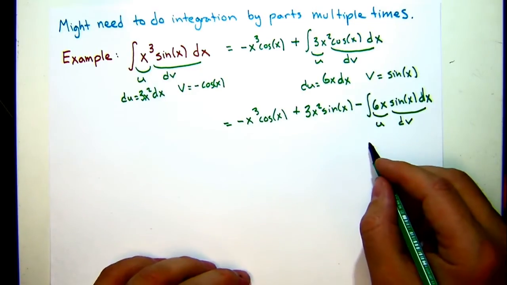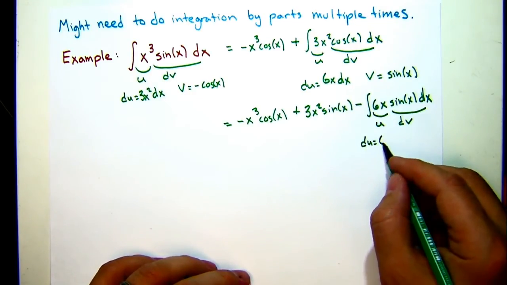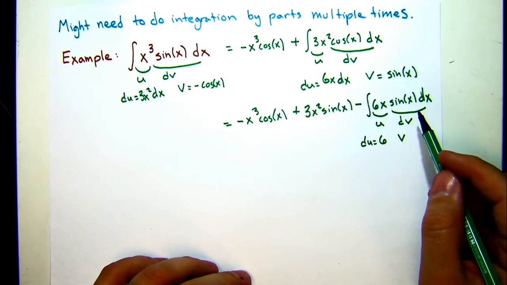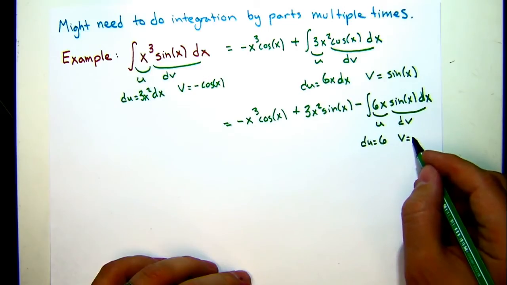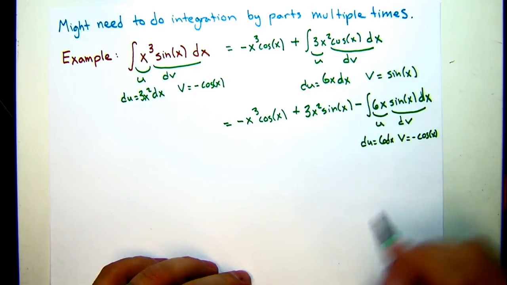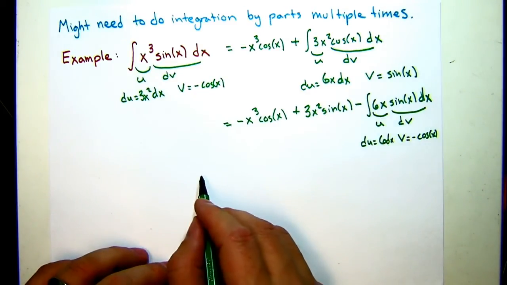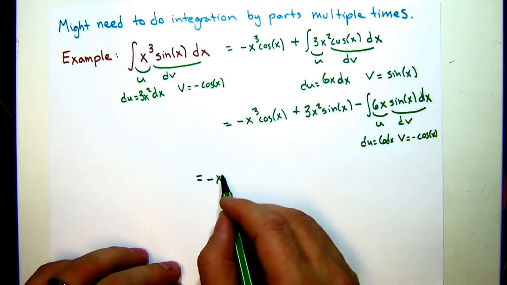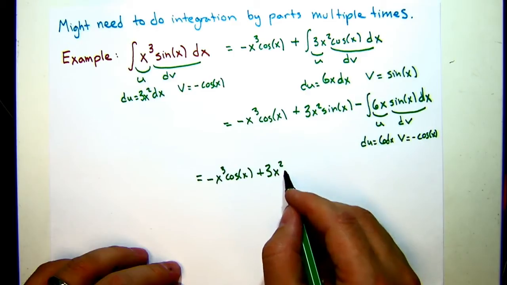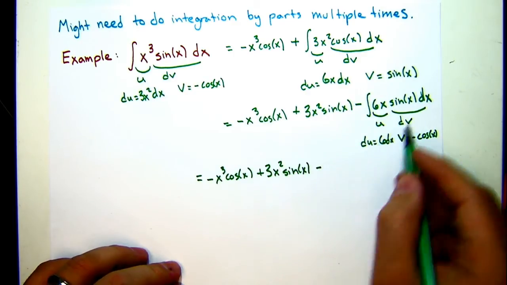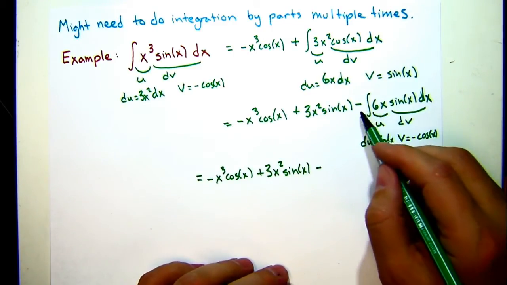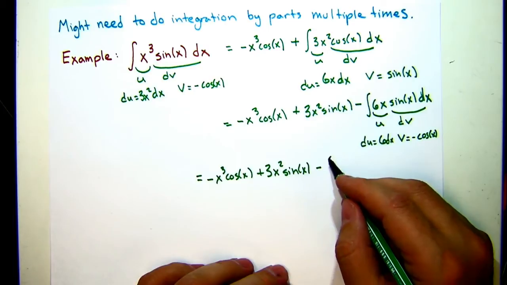Let's let this be u. This can be our dv. Then du will become 6. And v, well, that's the integral of sine. Integral of sine is something we already did. That's negative cosine. I guess I should put 6 dx here to be consistent. Okay, so we have minus x cubed cosine of x plus 3x squared sine of x minus, and I'm going to be careful here, this minus, I cannot warn you enough.